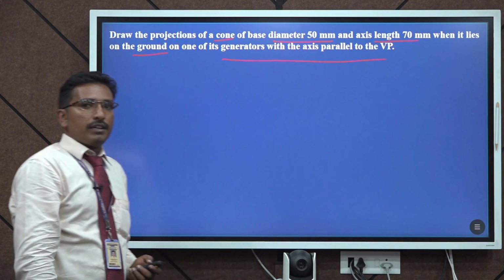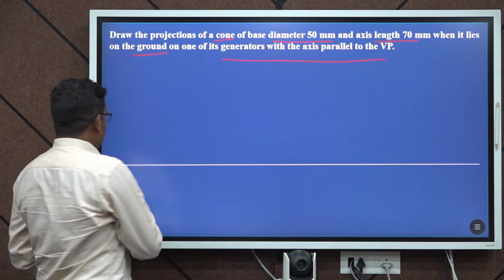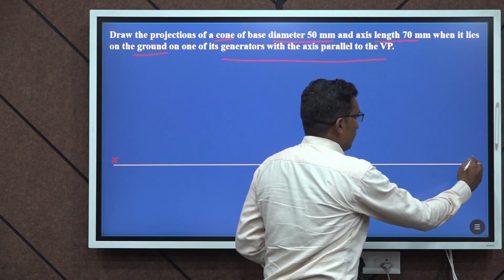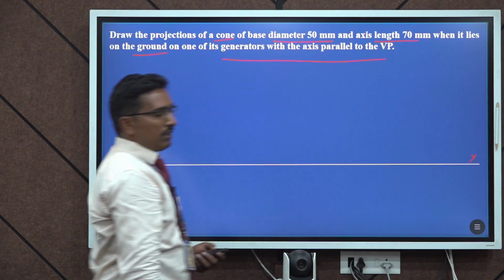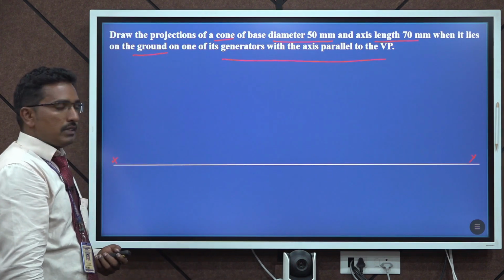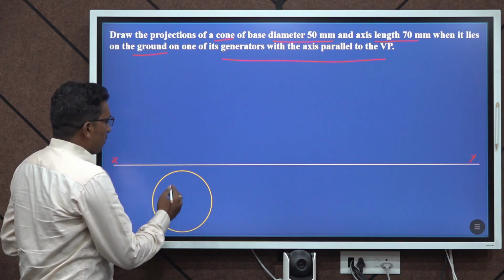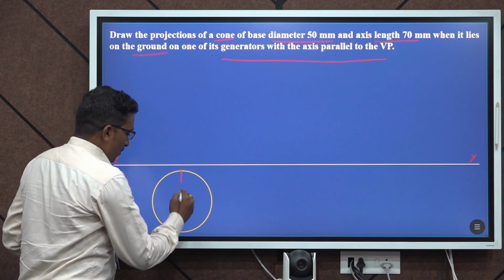First I am going to draw a reference line, and I have given the name XY. Then I am going to draw a circle at the top view and divide it into 4 parts.